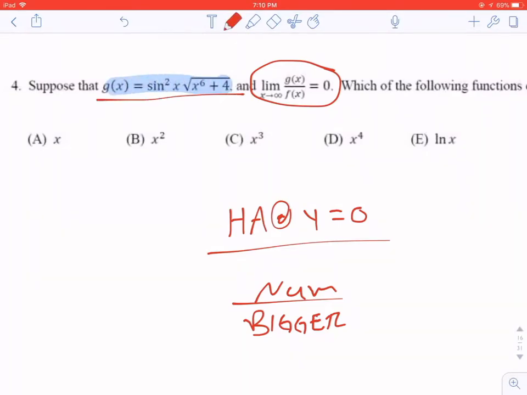We have to have a denominator that grows faster than that. Looking at the numerator, what's going to cause it to grow fast? Well, trig function sine doesn't cause anything to grow fast. Regular trig function sine goes as high as 1 and as low as 0, and when it goes to the right it just keeps oscillating up and down, back and forth.